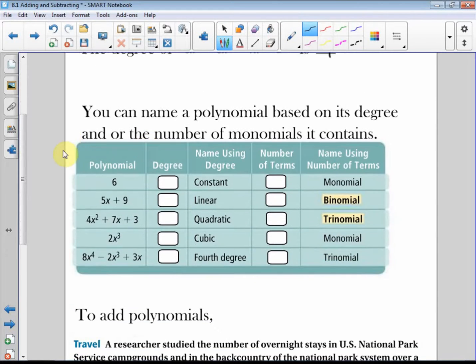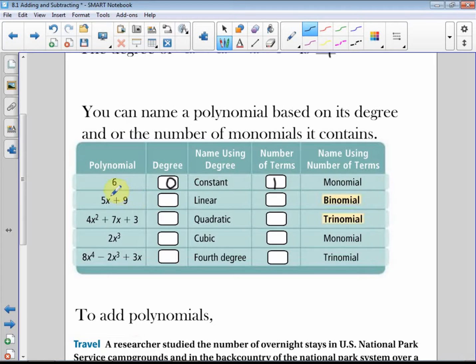You can name polynomials based on their degree or the number of monomials that they contain. So we have 6. 6 has a degree of 0. It is a constant, and it is only one term. We know that it is a monomial. The degree of this polynomial is 1 because we look at the highest exponent value.